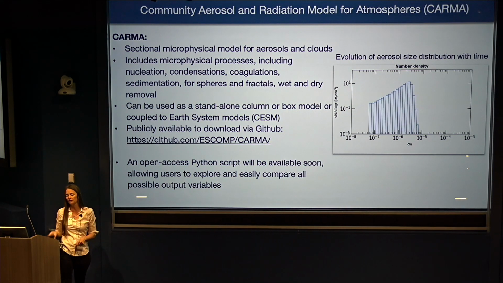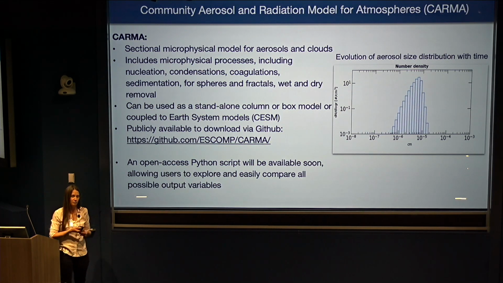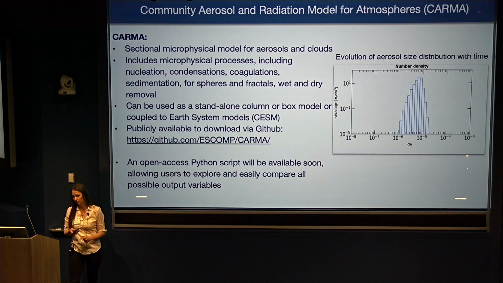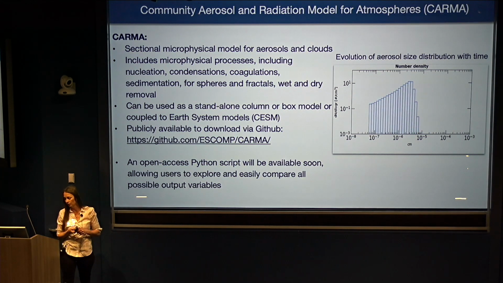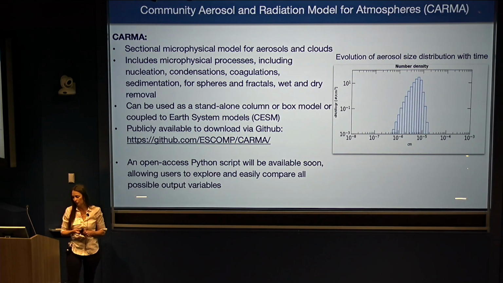But it is also integrated in several Earth system models by now. And here we show the integration in CSM. It's publicly available via GitHub. And right now we're also working on some very easily accessible Python scripts that will be available very soon because we port them in a new model version.